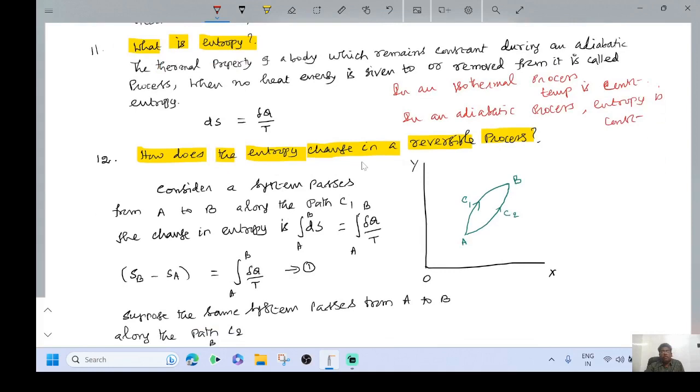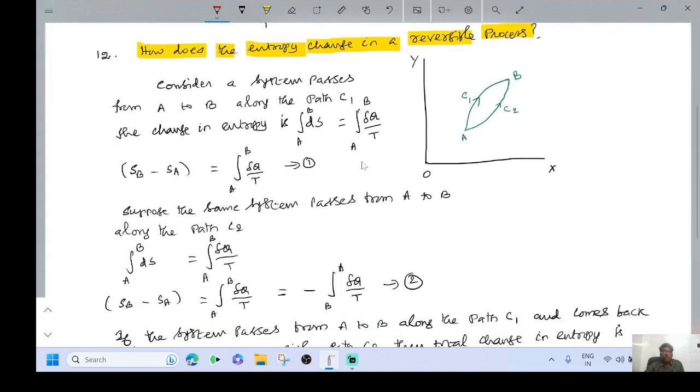How does the entropy change in a reversible process?